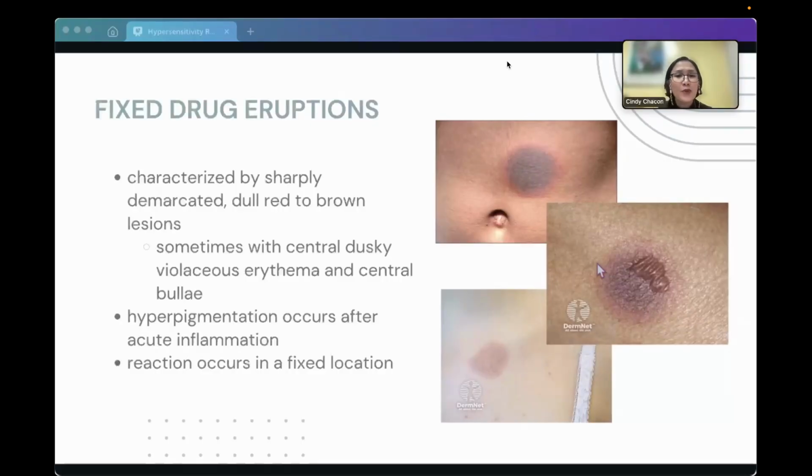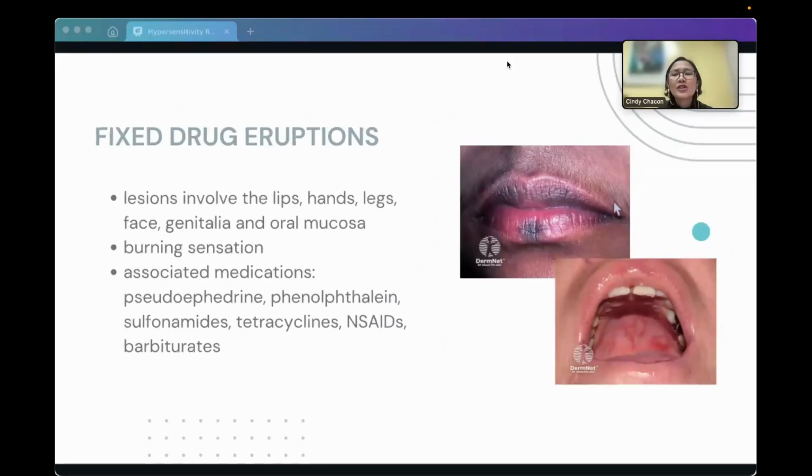So for example, your patient nag-FDE, nag-resolve na, and then when you introduce the drug again, the same areas, exactly the same areas are affected. Some new areas may also occur. Lesions often involve the lips, the hands, the legs, the face, the genitalia, and the oral mucosa.